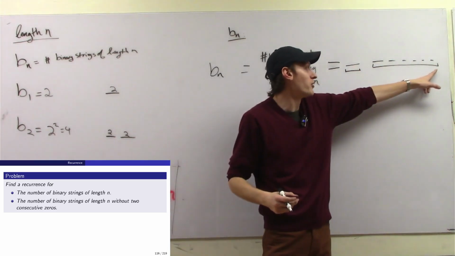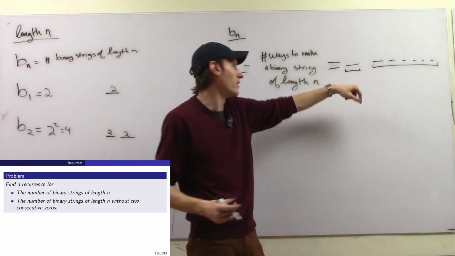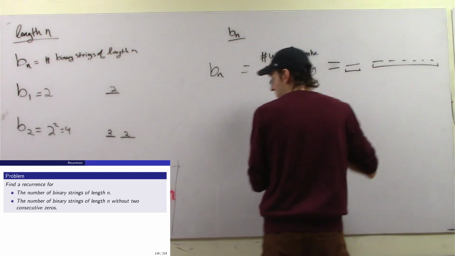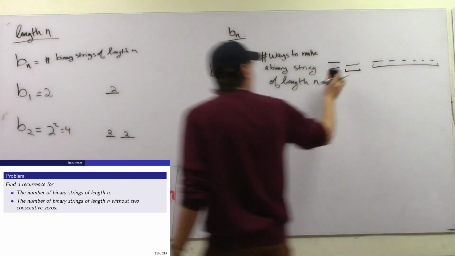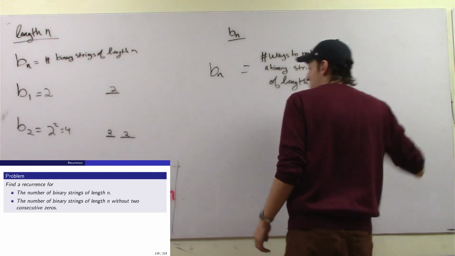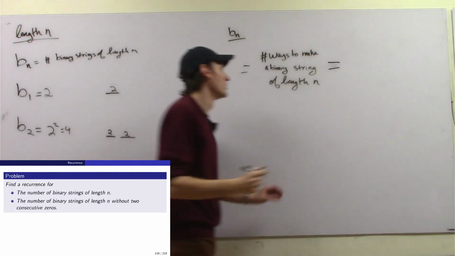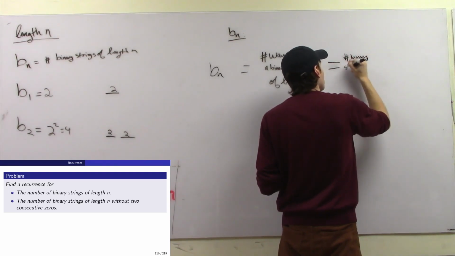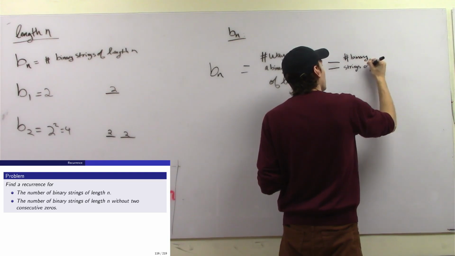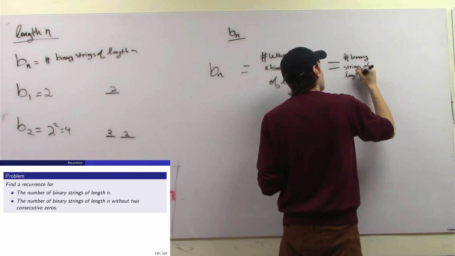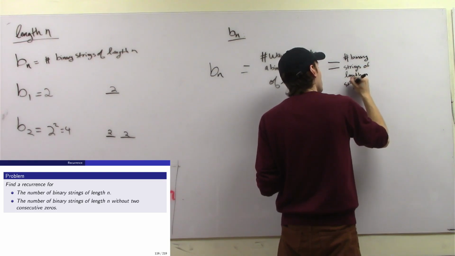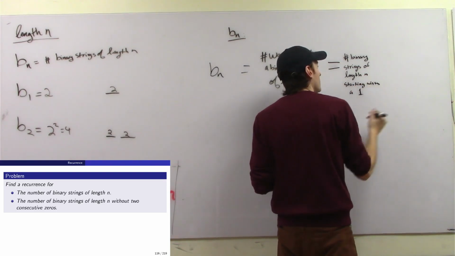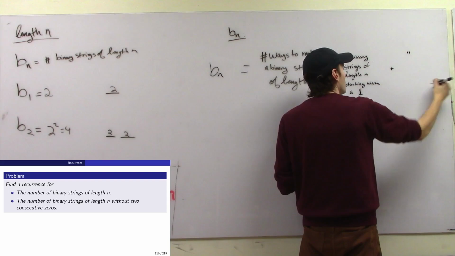So I'm going to split this into cases based off what this first thing is. Then I'm going to notice that what follows is a binary string of length n minus 1. So this isn't necessarily correct as a line of equality, but it should be the number of binary strings of length n starting with a 1, plus the same thing starting with a 0.